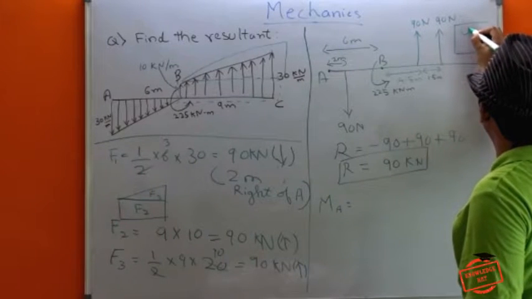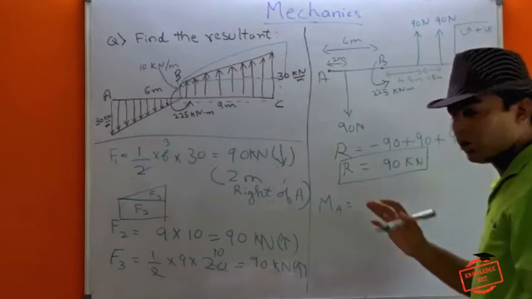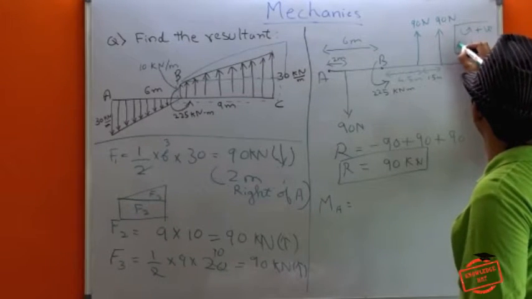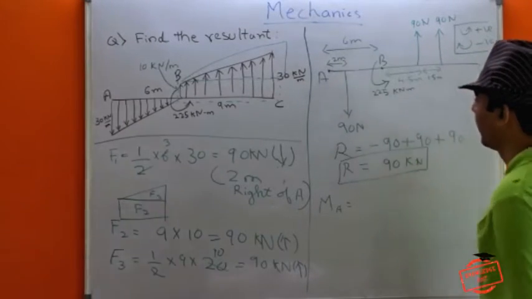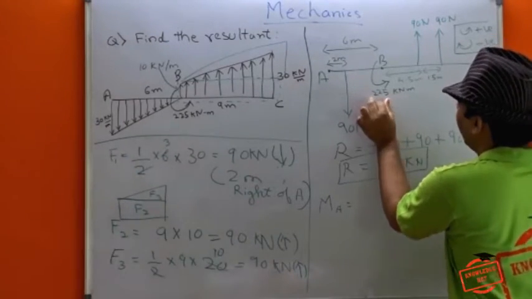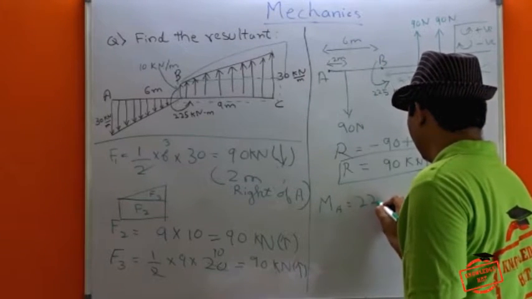For anti-clockwise direction, the moment is taken as positive, and for clockwise direction, moment is taken as negative. This is the convention that we are going to follow. This 225 is in anti-clockwise direction, so it is taken as positive, so we get 225.